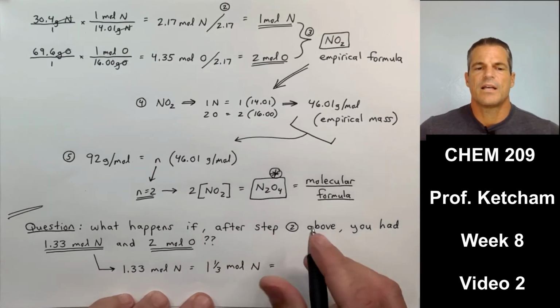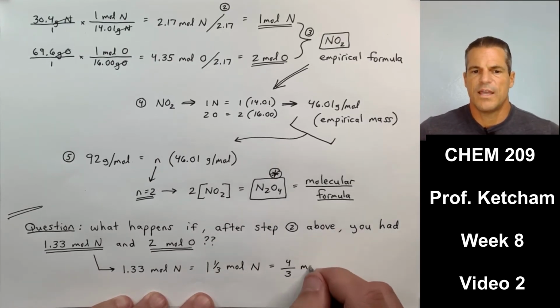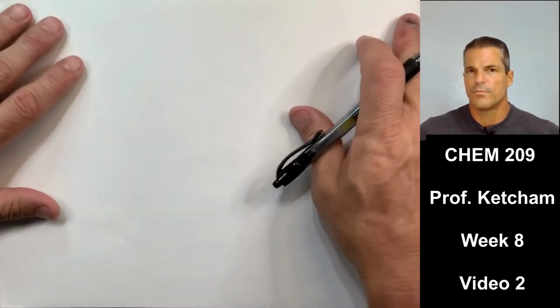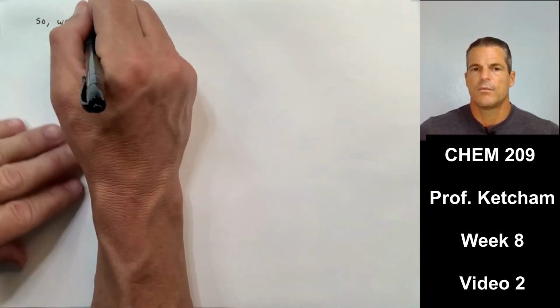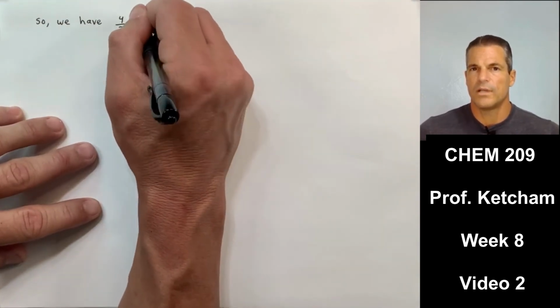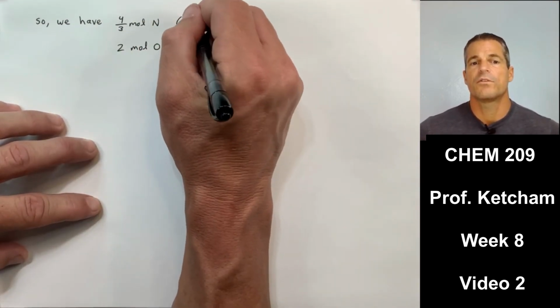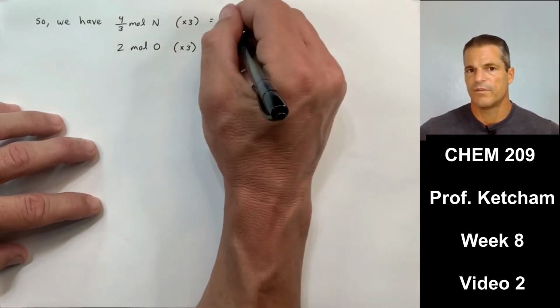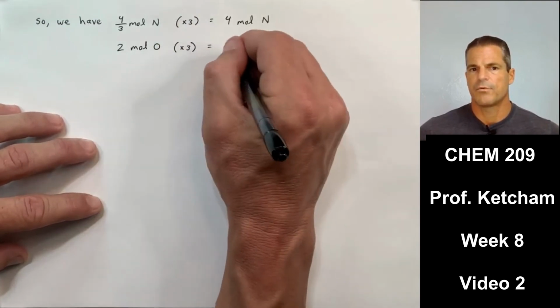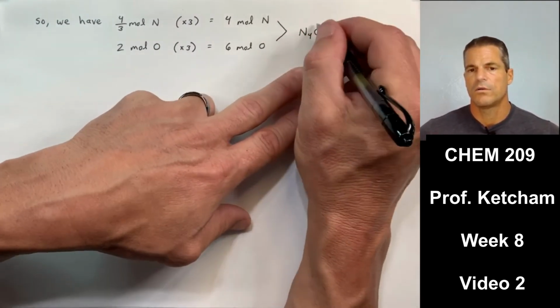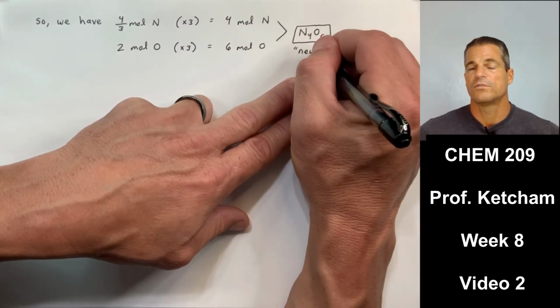Well, recognize that 1.33 moles of N is 1 1/3 moles, which is 4/3 moles of N. Remember, we're looking for lowest whole number multiples. So at this point, we would have 4/3 mole of N, and 2 moles of O. If we multiply them through by 3, we get 4 moles of N and 6 moles of O, N4O6.